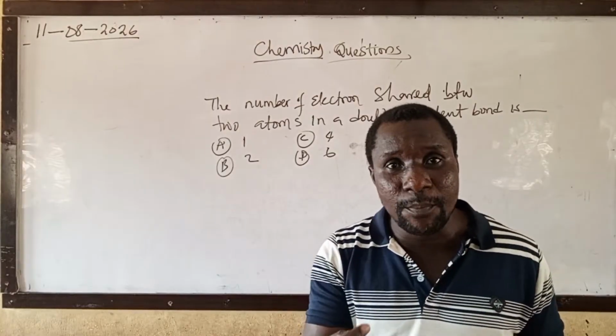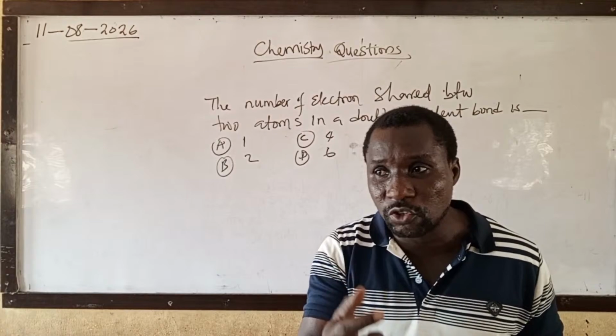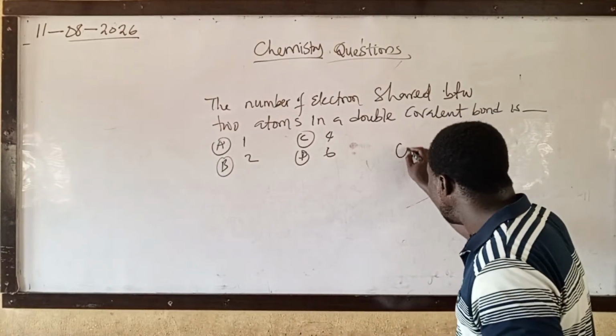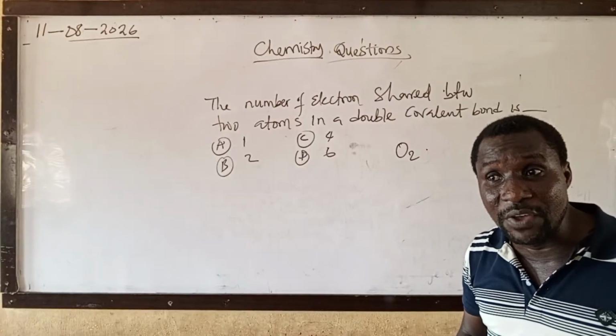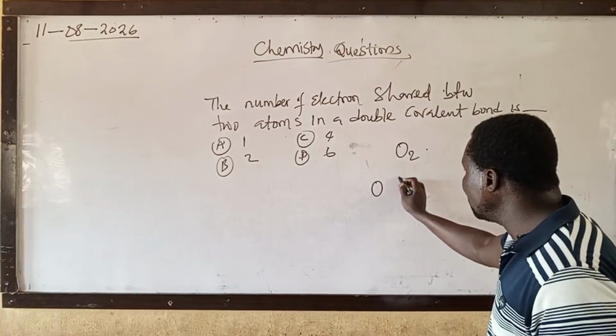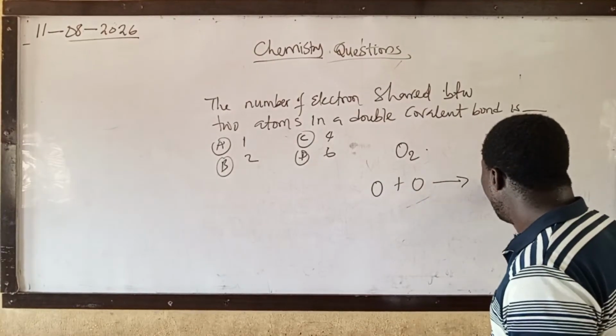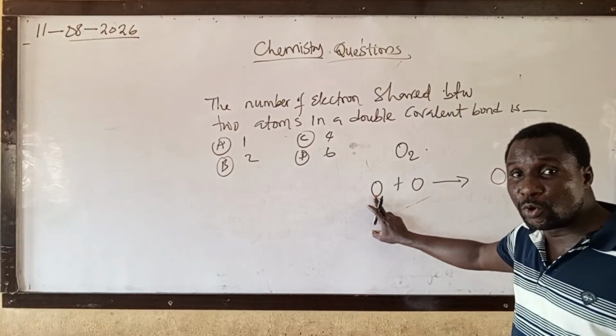Who can give me an example of a gas whose molecules undergo double covalent bonding? Oxygen gas. Oxygen gas exhibits double covalent bond, and I explained that when you have oxygen plus oxygen, you get O2. What is the atomic number of oxygen?